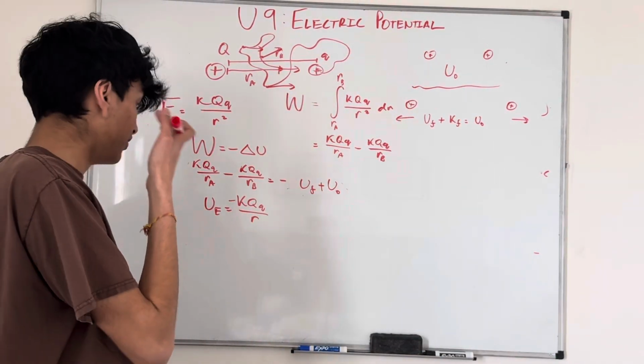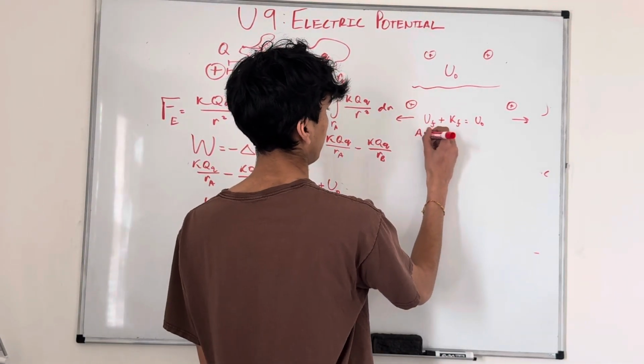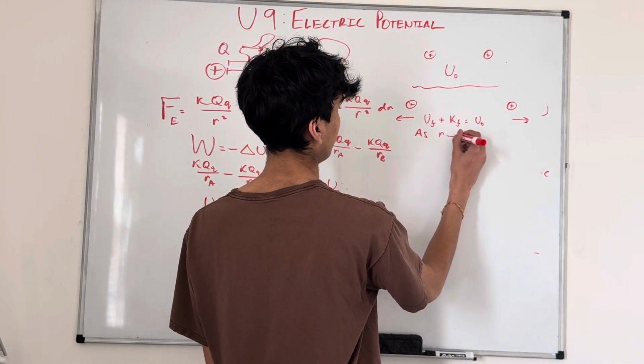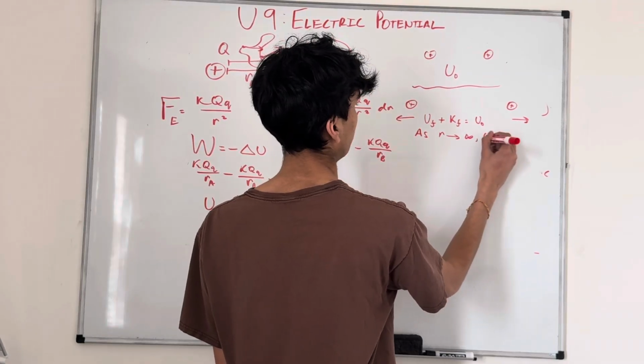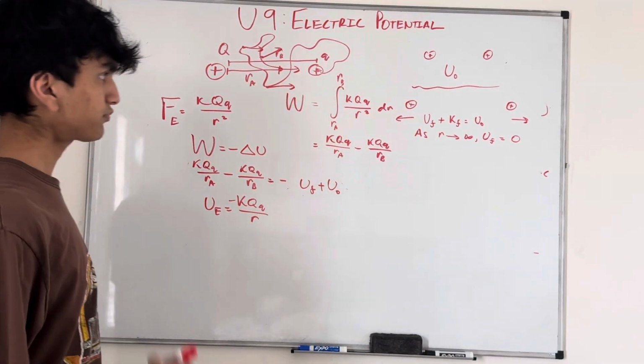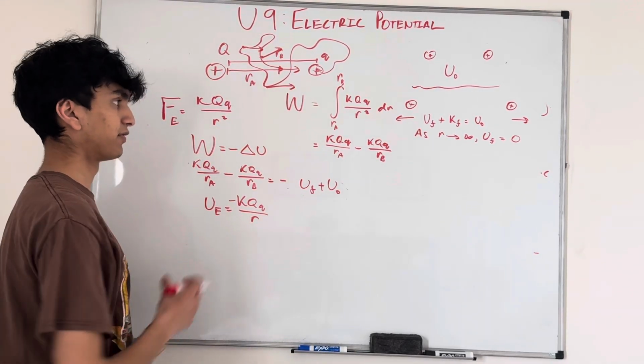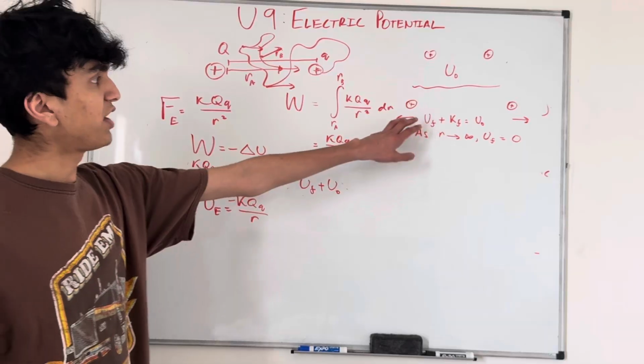And as r approaches infinity, U final becomes 0, because we have an r in the denominator here. With two positive charges, all the energies would be positive.